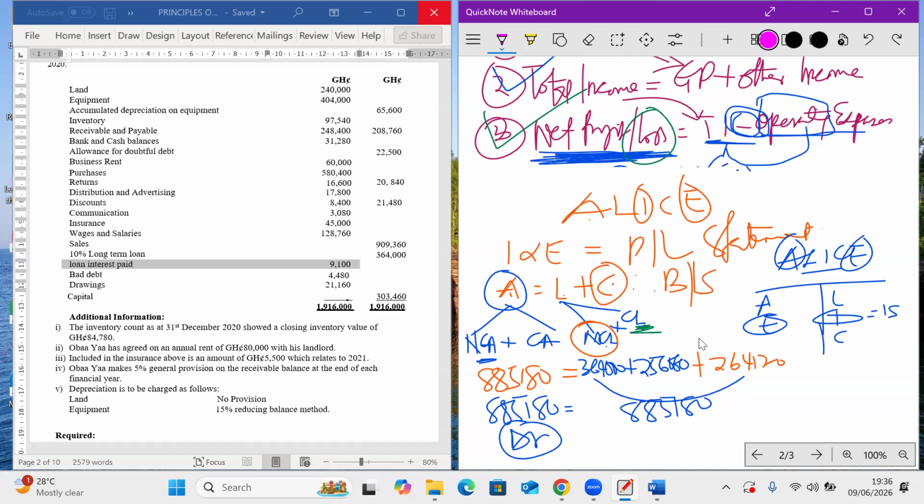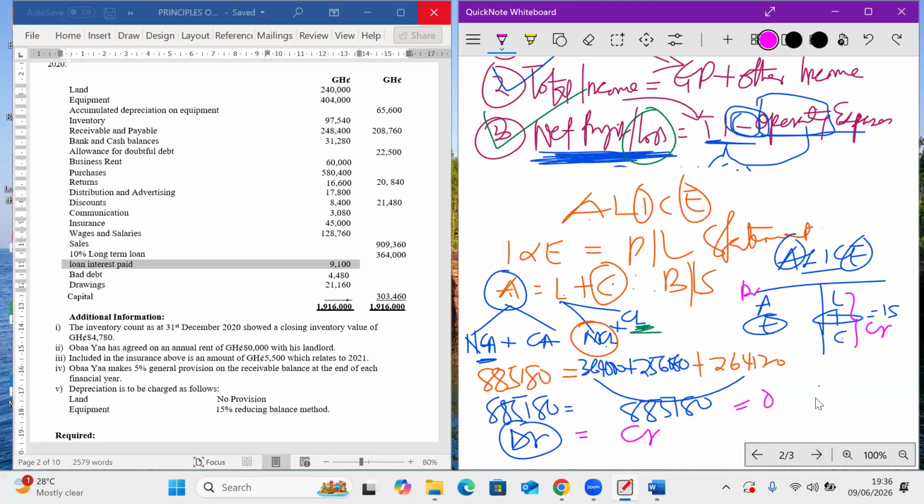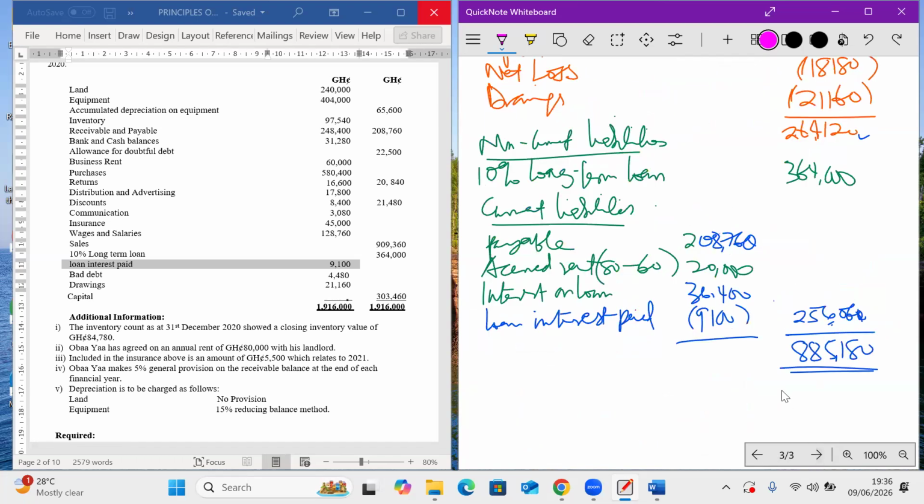Asset is on the debit side. L and C are on the credit side. So after that, the debit is 885,180. The credit also is what? It has balanced. So that when you subtract both, you get 0. Accounting is Alice. So if you don't have a girlfriend, go and find a girlfriend called Alice, and your life will balance forever.